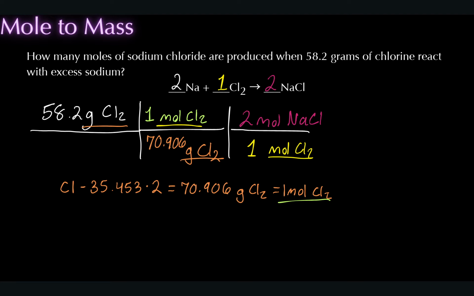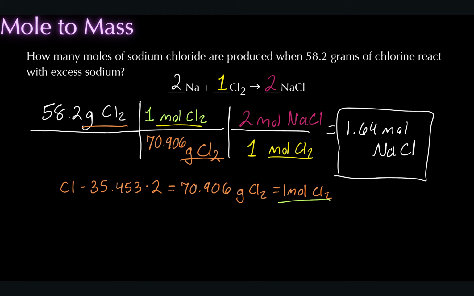We are ending in our moles of our NaCl, which is what we're trying to find, so we're able to solve. We'll get 58.2 times 2 divided by 70.906. Whenever we do that math, we should get 1.64 moles of the NaCl as our answer.